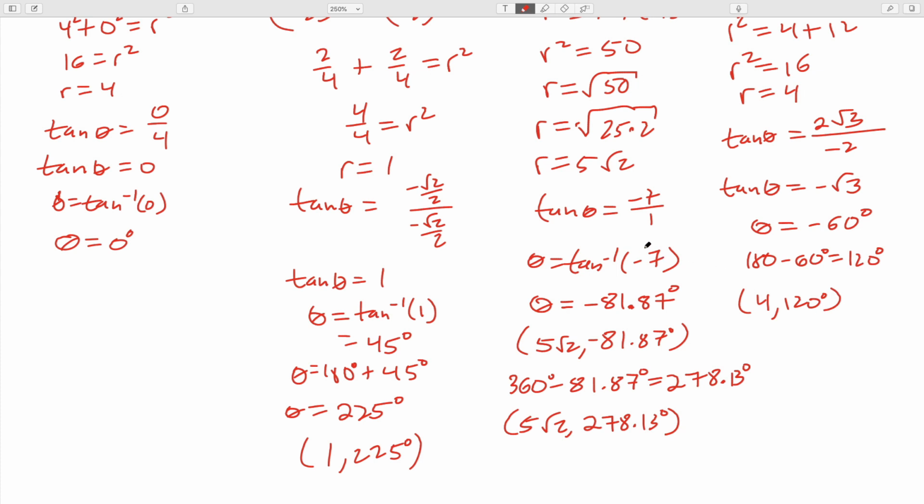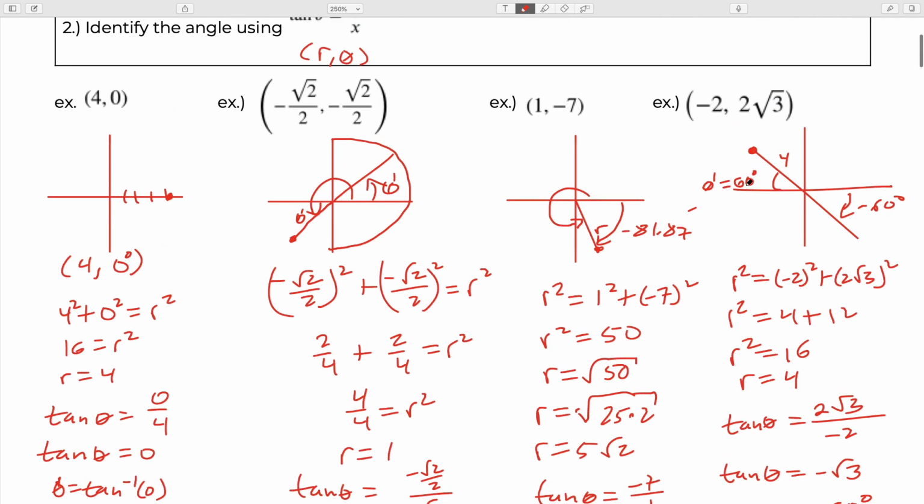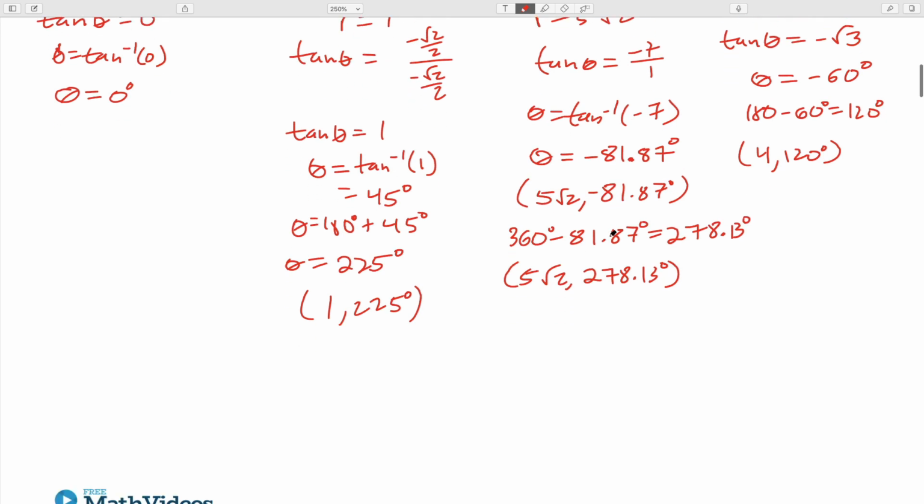Okay, so that's how we convert our rectangular points into our polar points. And it's important that when we're looking at our rectangular points, we understand the quadrant. So therefore we can understand the angle as well as the distance away from our origin or our pole.